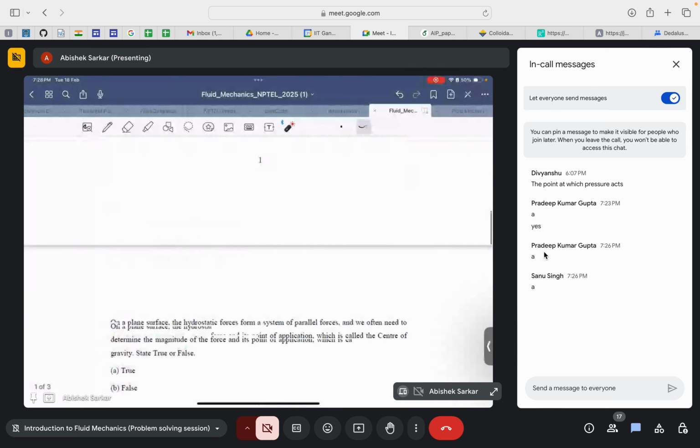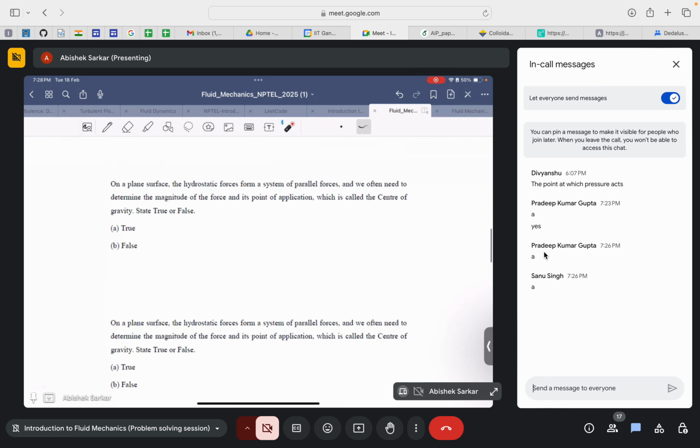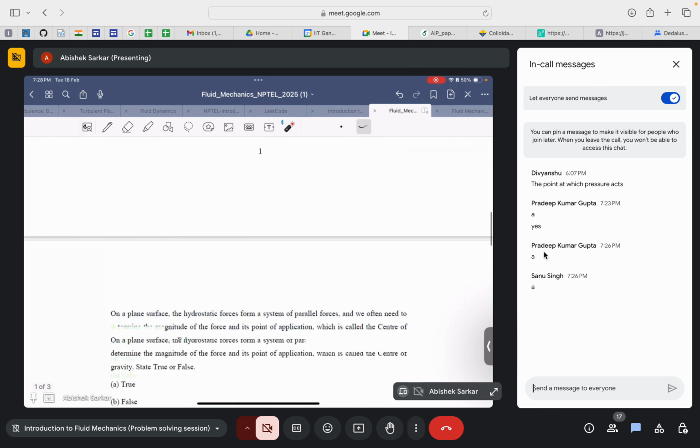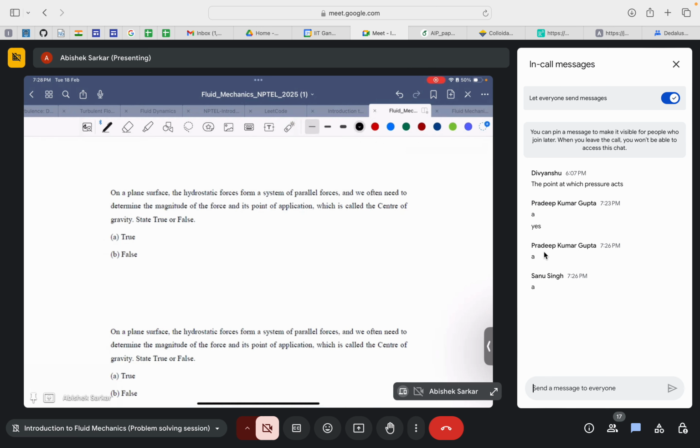So next question is, on a plane surface, the hydrostatic forces form a system of parallel forces, and we often need to determine the magnitude of the force and its point of application, which is called the center of gravity. So is it true or false?